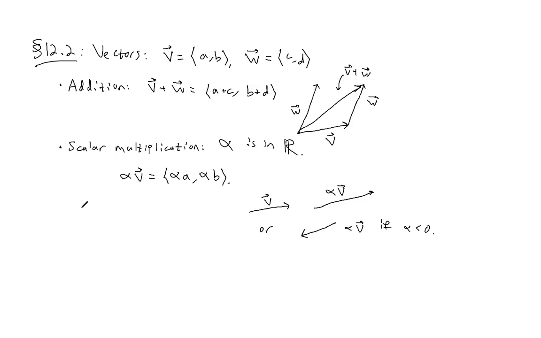The upshot of this, an important consequence of all of this, is that V and W are parallel vectors precisely if V is equal to alpha W for some alpha.